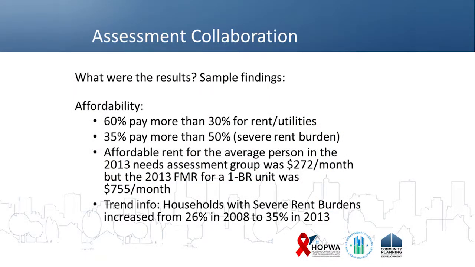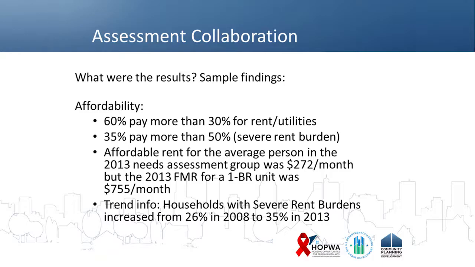We knew what the client income was and saw the median income going down every year. Information about housing barriers, homelessness history, and housing stability risks. And these are just some examples of the results. Most of this is from 2013.